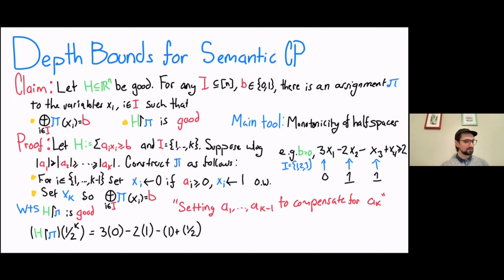So here's the assignment, and then this is less than or equal to setting each of these bits to a half. This is just because we set each of the bits to be the lowest value they could be. So if you set them to be a half, this will increase the value. And then this is less than the range. That's the whole idea of the proof.